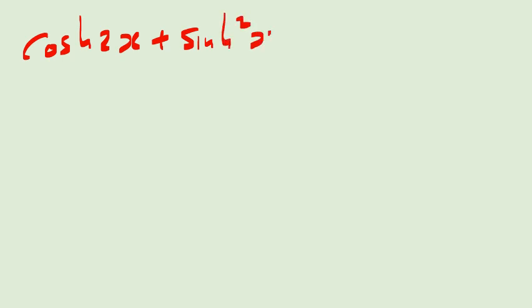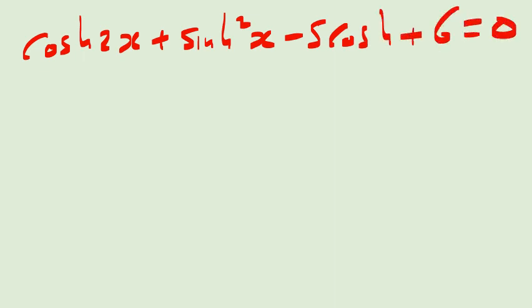Okay, here's one of my favorite ones, so please pay careful attention to this one. cos 2x plus sin squared x minus 5 cos x plus 6 equals 0. So solve for x.